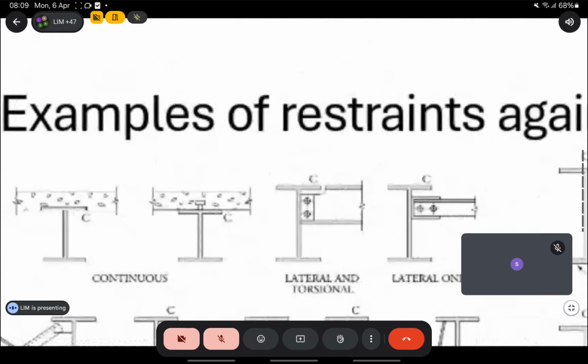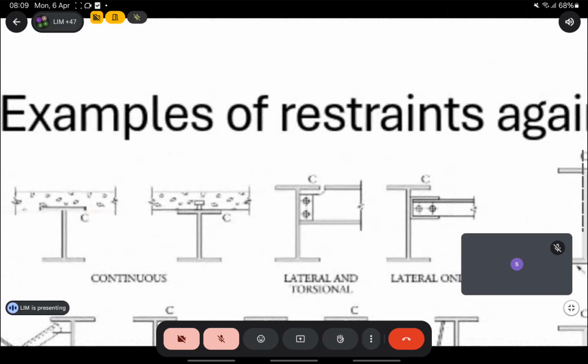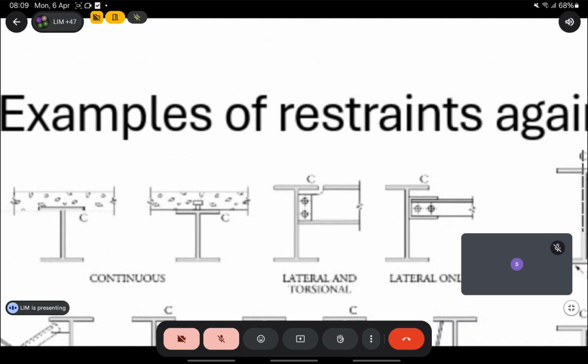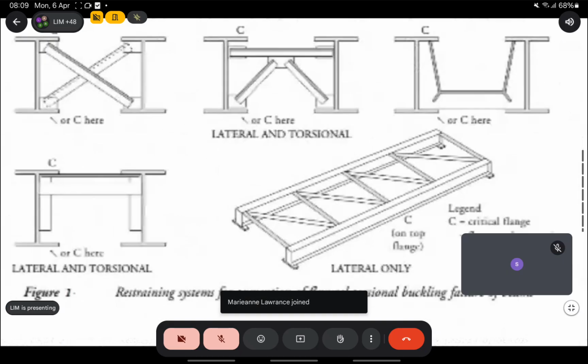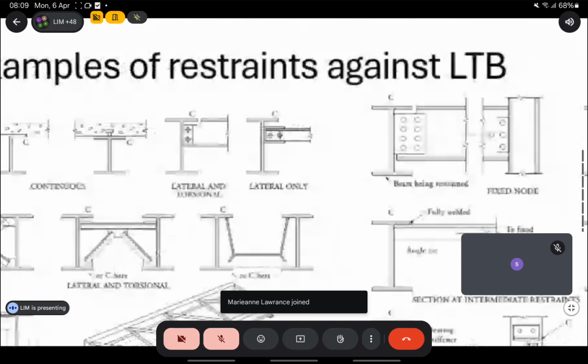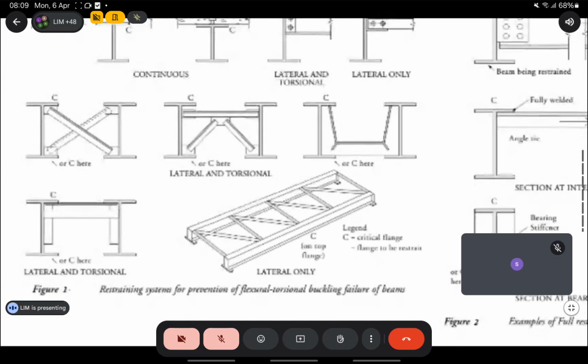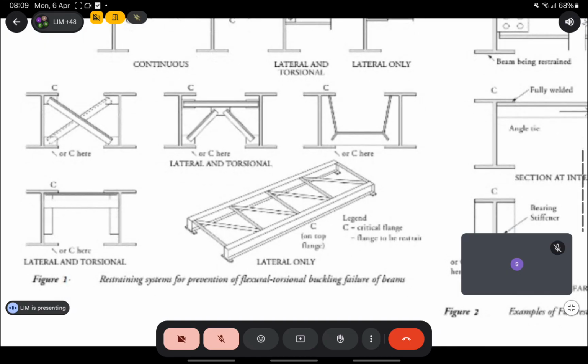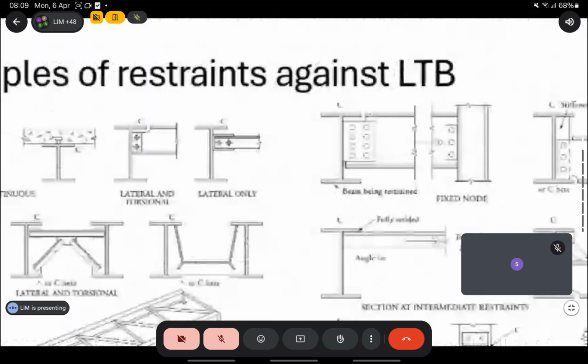Another way is you can have a shear stud welded onto the top flange of the beam. When the compression flange wants to move, this shear stud will transfer the load into the slab, and stops the compression flange from moving as well. These are the more common ways for a floor beam to stop LTB.